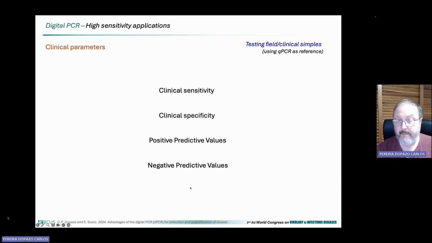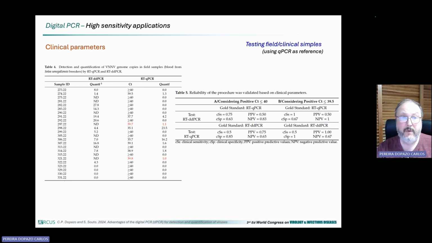This high sensitivity is from the analytical point of view, to be sure that this method can be used in clinical samples for clinical aims. We have to test field or clinical samples to calculate the sensitivity, specificity, clinical parameters, and the predictive values.